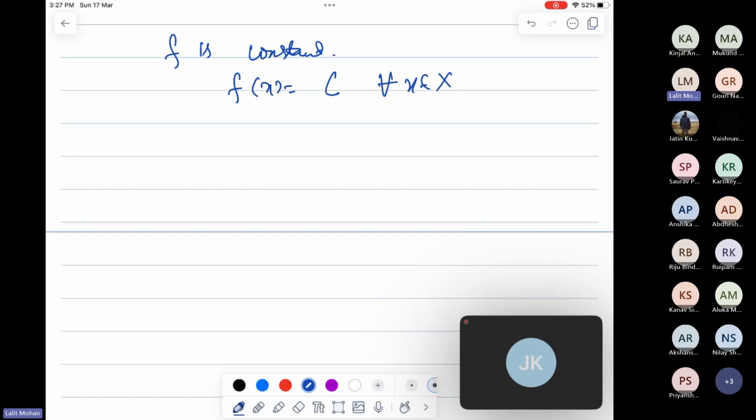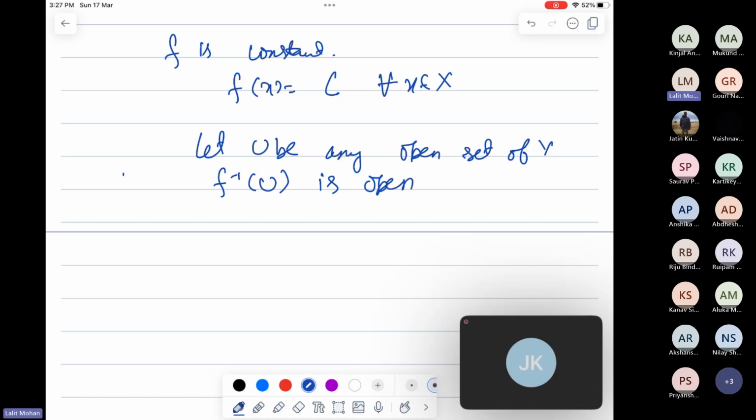So we have to show that, let U be any open set of Y, then you have to show that f inverse U is open. So what is the possibility of f inverse U?